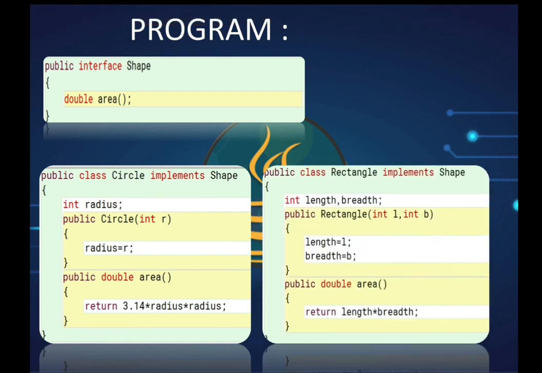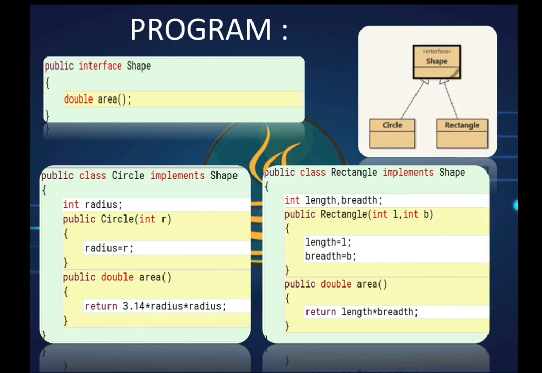Now see, the rectangle class inherits shape, that is the interface, by the implements keyword, has data members length and breadth, and rectangle is a constructor which is going to store the value of length and breadth. And again we are implementing a function that is double area by returning length into breadth, means area of rectangle.